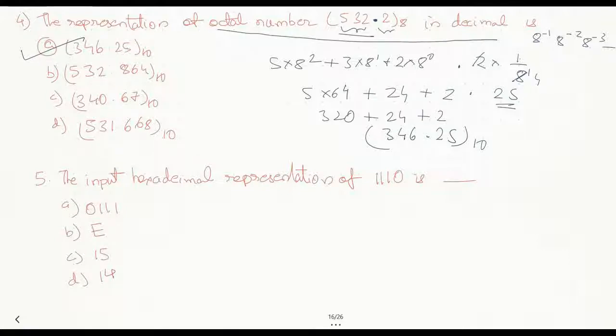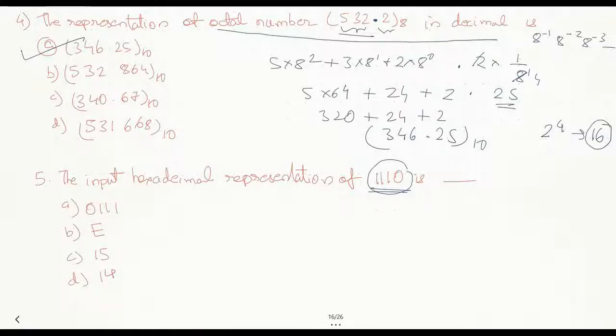Okay. Now the next question is to find the hexadecimal representation of 1110. What they have asked is to get the hexadecimal whose representation is 1110. Now the interesting thing is that this is 4 bits, and we do know hexadecimal numbers are represented using 4 bits, because 2 to the power 4 is 16, and 16 means hexadecimal.